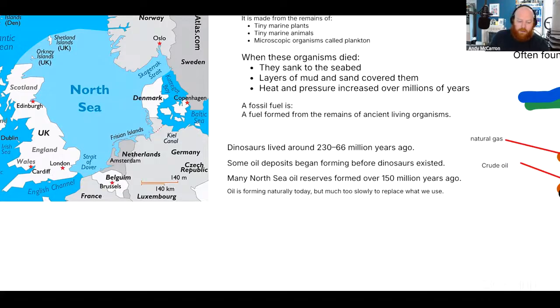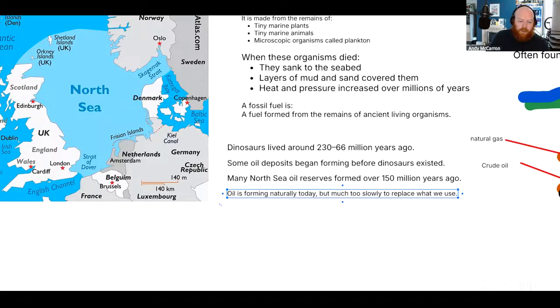One of the biggest things people normally say is, well, can we not make more? Well, yes, more is being made, but it takes millions of years. So it's not something we can just start pointing out. So I've got a multi-choice for you now.